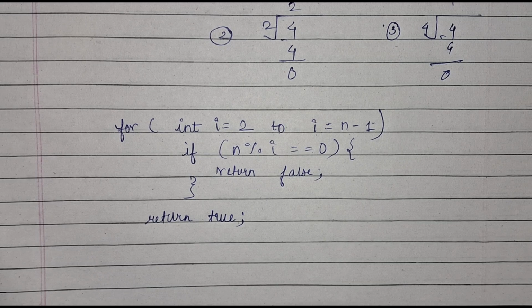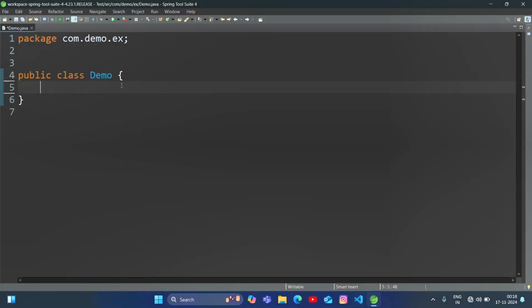Let's check in our demonstration how we can implement the code. I have created a class called demo, and in that I am creating a function: public static boolean.